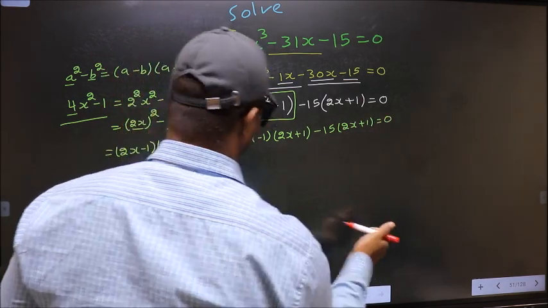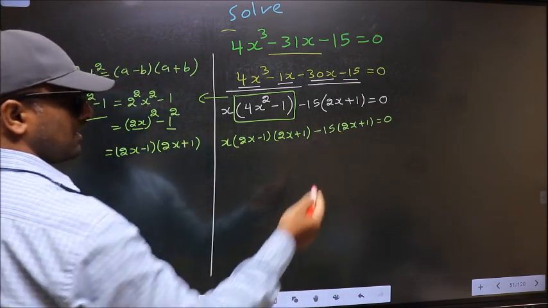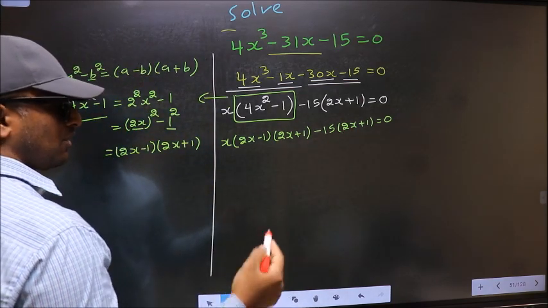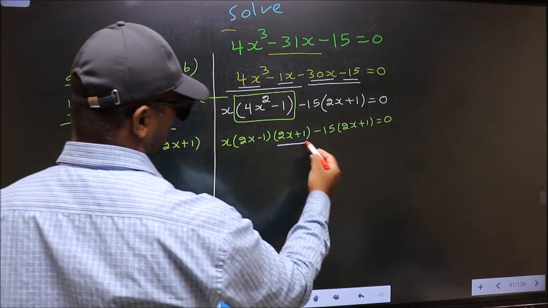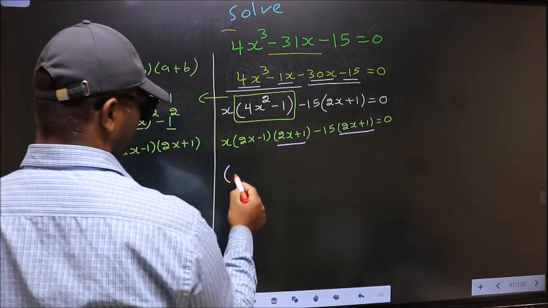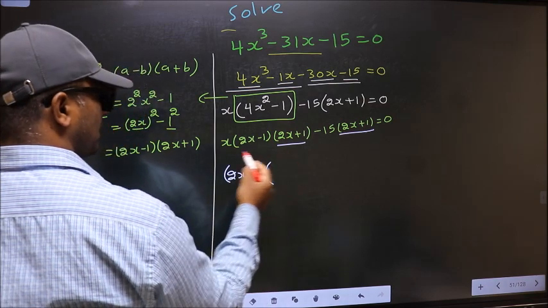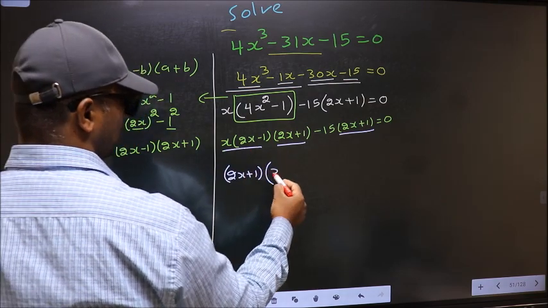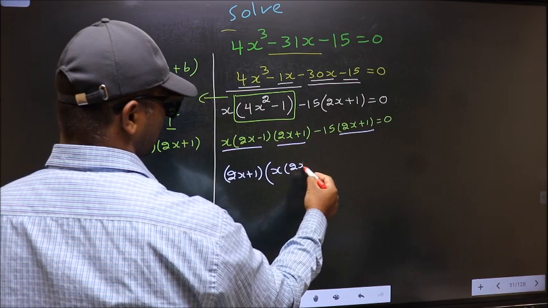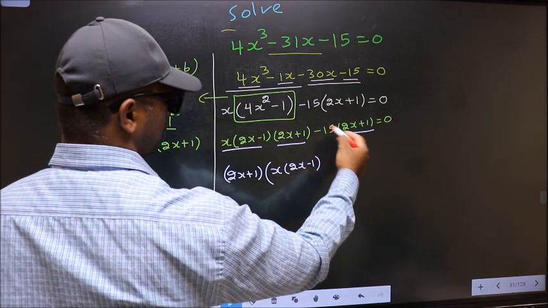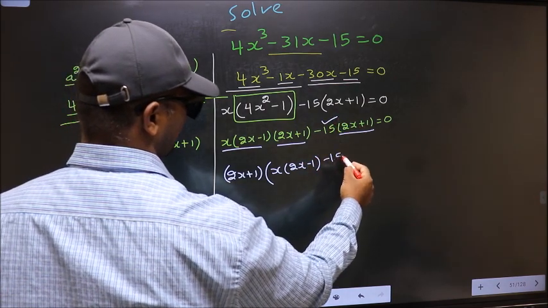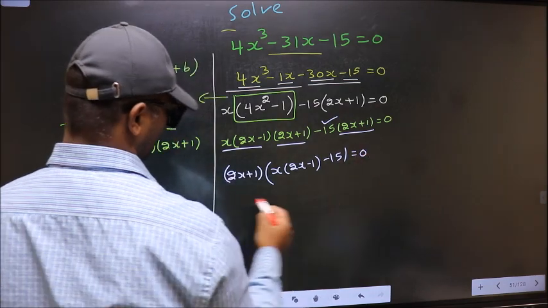Next, from this equation, what can be taken out common is 2x plus 1. So 2x plus 1 outside. Over here we are left with these two, that is x times 2x minus 1, and over here we are left with minus 15 equal to 0.